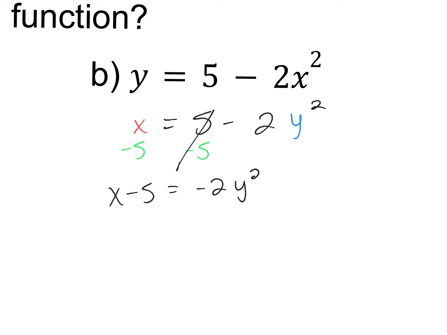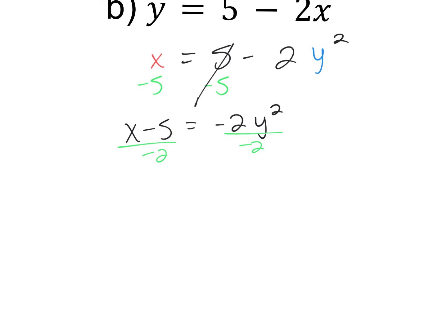Okay, so then let's divide by negative 2. Divide by negative 2. So then I have y squared, because those cancel. And then let's go ahead and break this up into negative 1/2 x, and then negative 5 divided by negative 2 would be positive 5 over 2, or you could say 2.5, it doesn't matter.